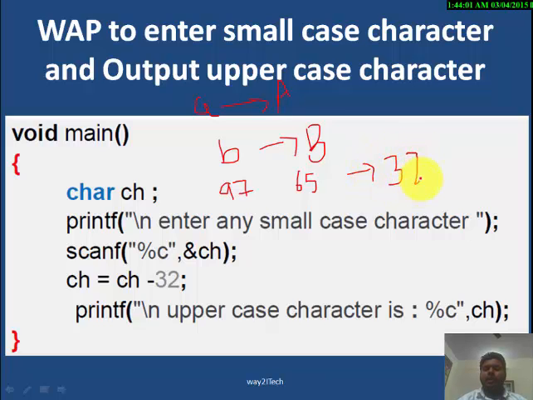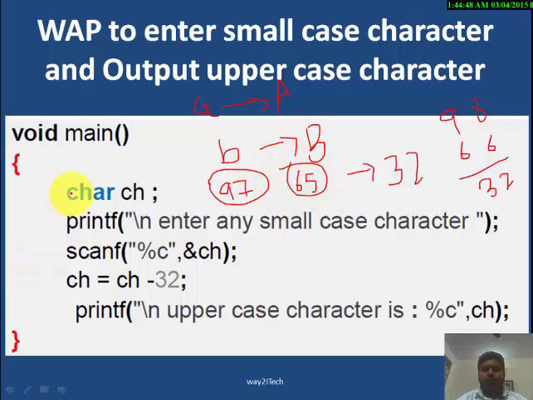Similarly, the difference between small b, 98, and capital B, 66, is also 32. So small case characters have a higher ASCII code than capital ones.